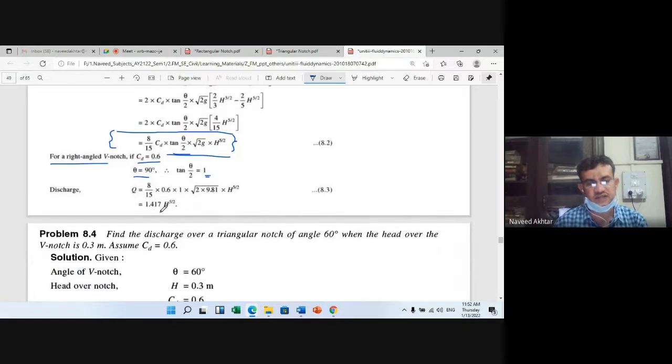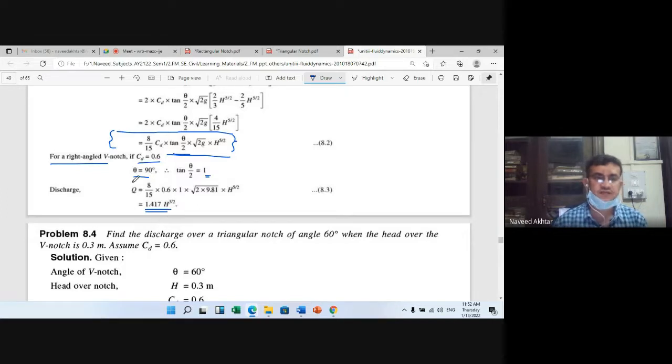So you can easily find the discharge. For your V notch it depends only on the height: 1.417 H to the power of 5 by 2. If you know the H value, you can find the theoretical discharge easily.